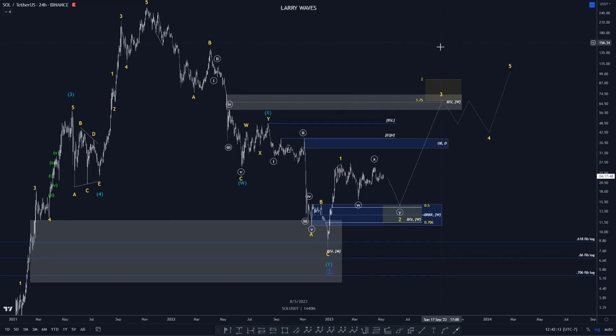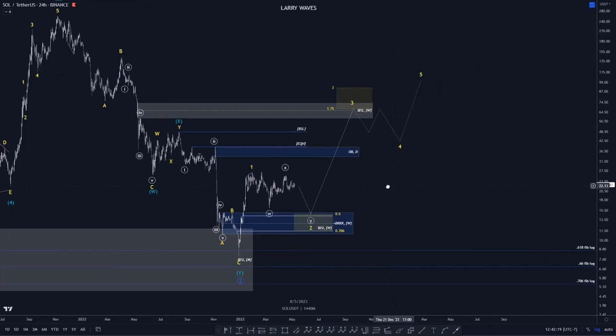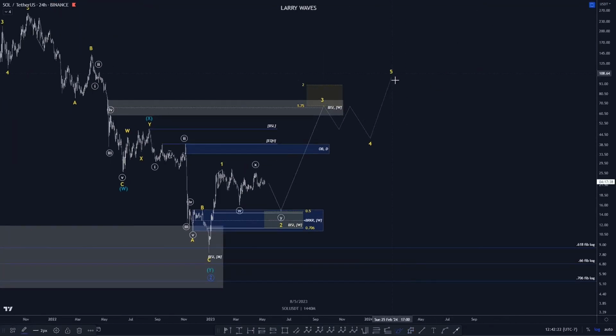They're both basically fighting to either continue the larger trend down or create a new trend up. We correct down for a two. This is a large one, and we push up for a big three.